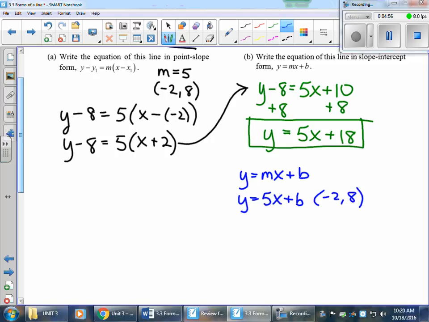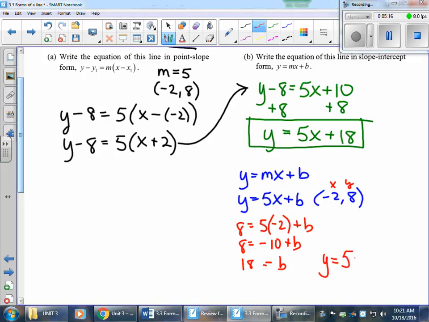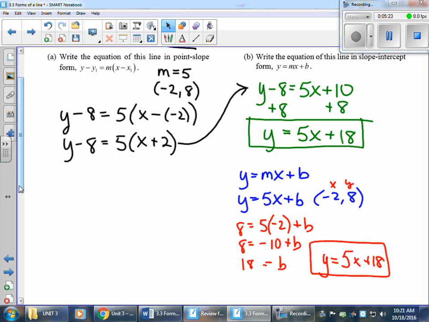So we can substitute in our x and our y to get 8 is equal to 5 times -2 plus b. 8 is equal to negative 10 plus b. Add 10 to both sides and we get 18, which is still going to, then y equals, make sure you answer the question, 5x plus 18. So it doesn't matter which format you use, you can get down to the same answer.